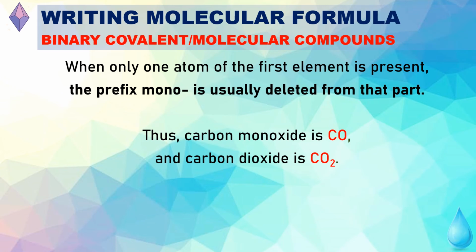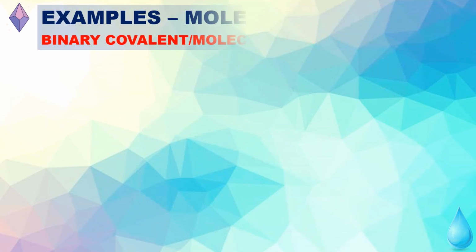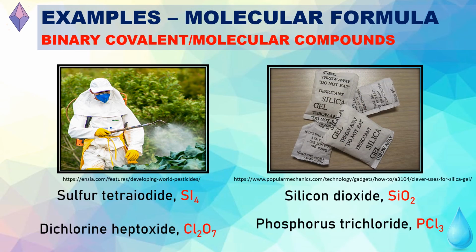When only one atom of the first element is present, the prefix mono is usually deleted from that part. Thus, carbon monoxide is CO and carbon dioxide is CO2. When two vowels are adjacent, the A in the Greek prefix is usually dropped, as shown in these examples of molecular formulas.